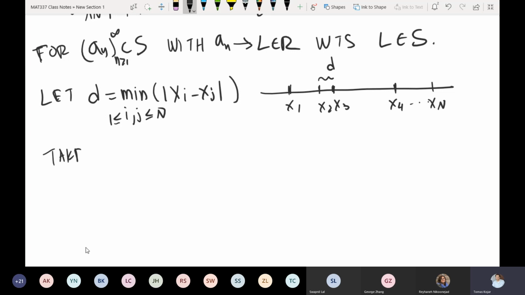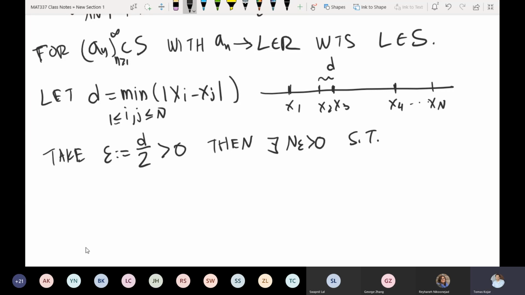Then take epsilon to be d over 2. Then there exists an N(epsilon) such that |a_n minus L| is less than epsilon for all n bigger than N(epsilon).